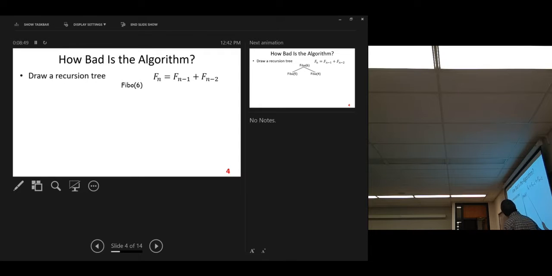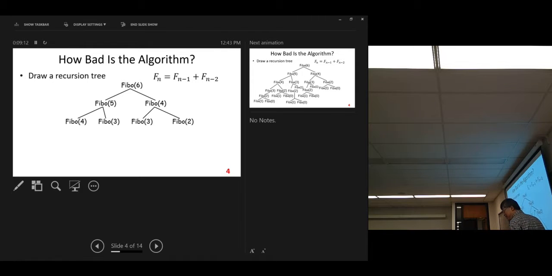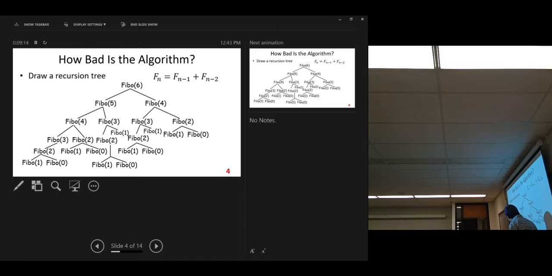In order to calculate Fibo of 6, you need to calculate 5 and 4. Okay? So let's draw a tree. In order to calculate Fibo of 5, we need to calculate 4 and 3. Similarly, so we have a tree like this.